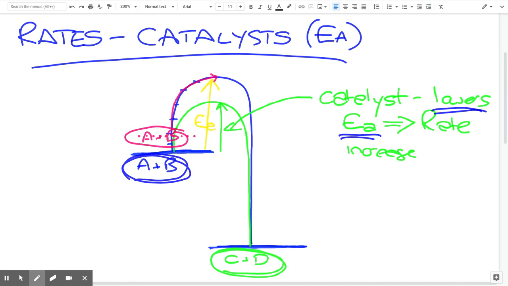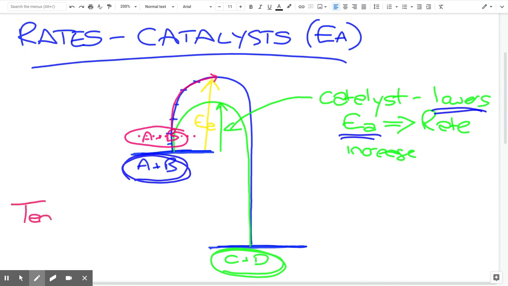So linking back to the previous clip, if we increase the temperature of a reaction, we not only increase the speed of them, a collision occurring, but we also increase the likely energy of a collision occurring. Therefore, it's more likely to have the activation energy. So what you see is a cumulative effect, and with that, temperature increases the rate.